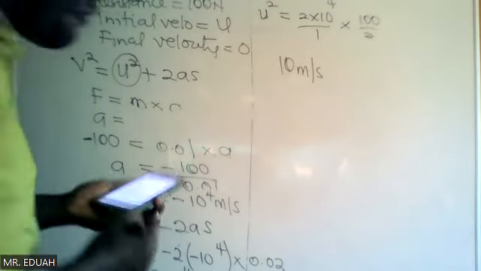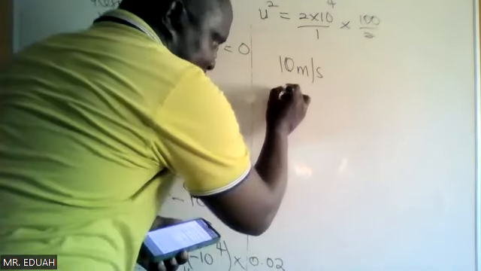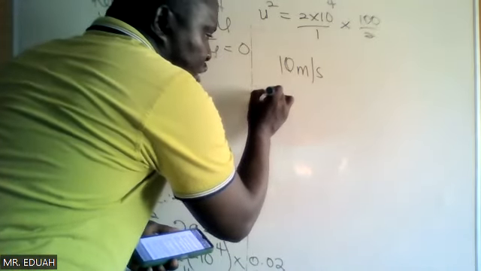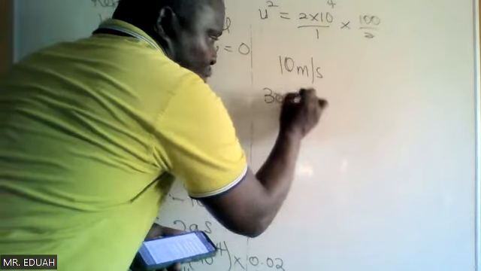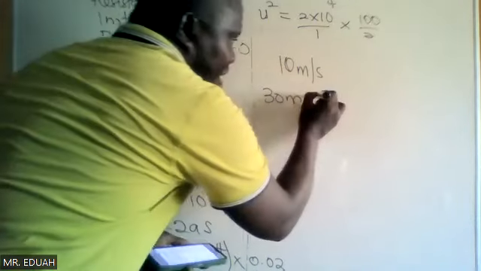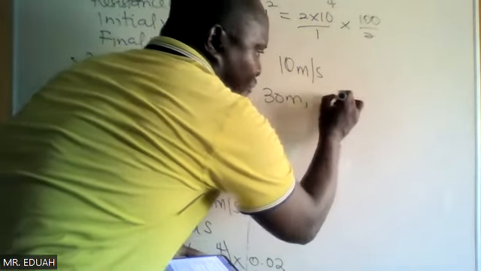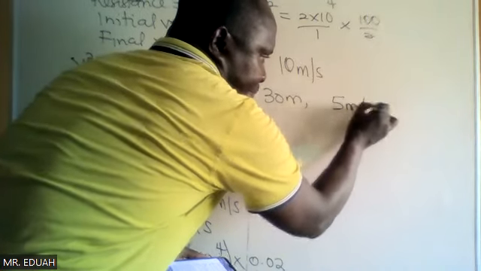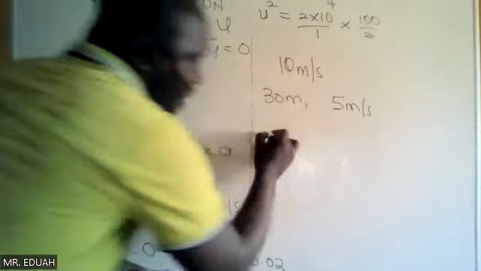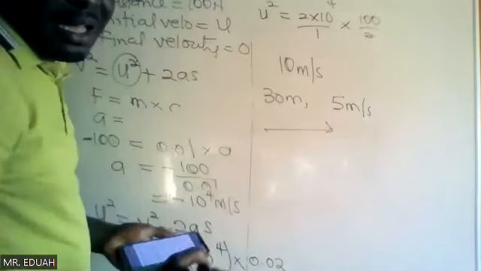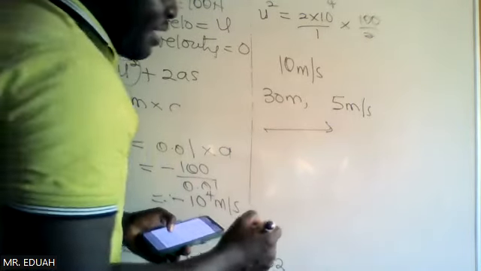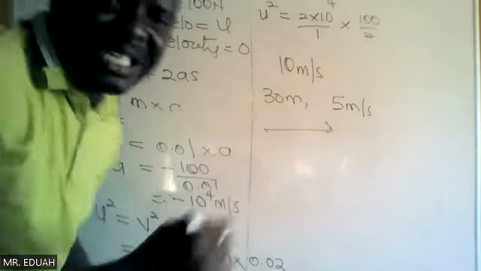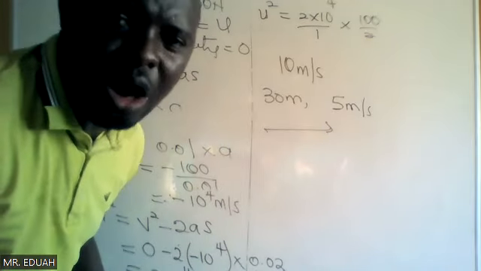So if my velocity is 10, after going through 30 meters within the target, my velocity is reduced to 5. Now, how far can it go before it is brought to a stop or rest?